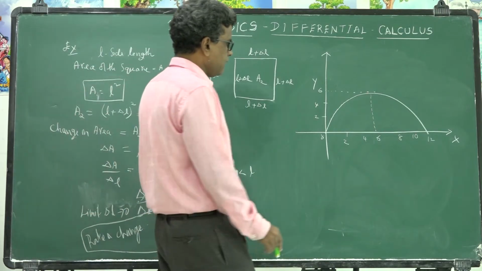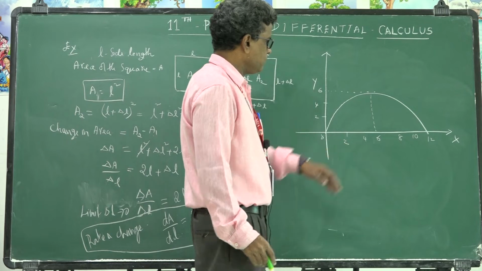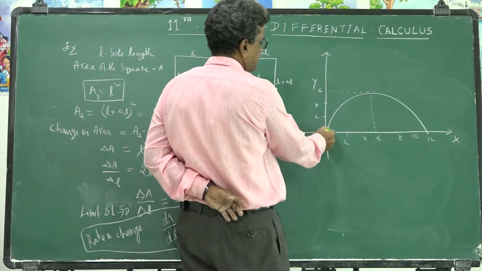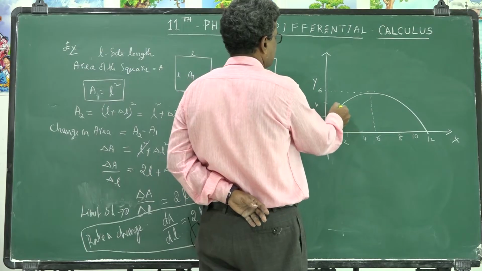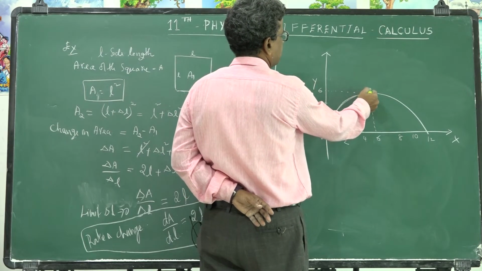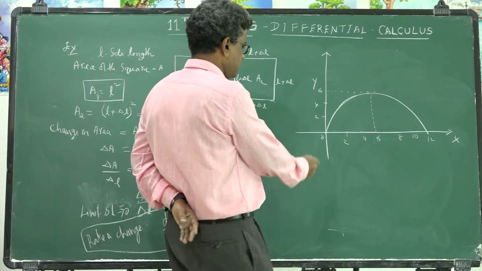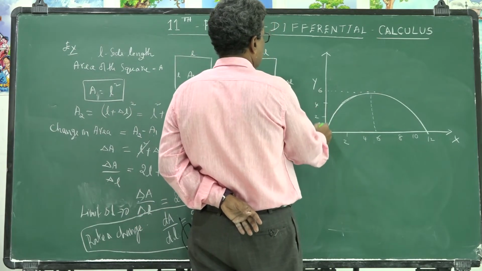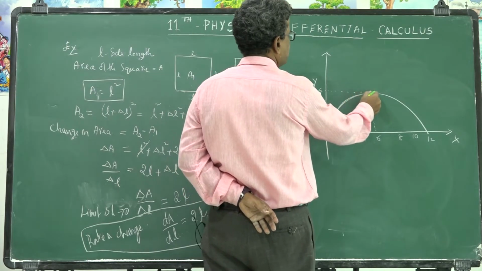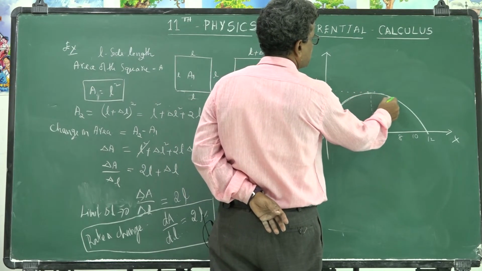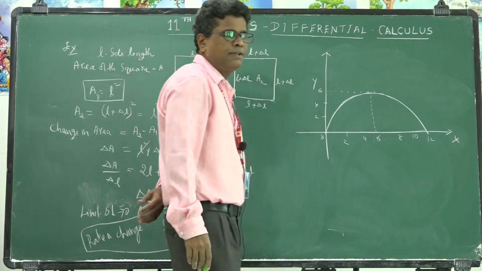See this graph. As x increases in this graph, y also first increases and reaches a maximum value. Then it starts decreasing as x increases.